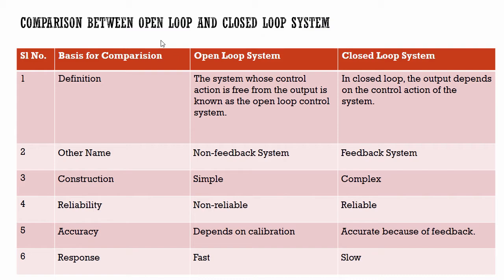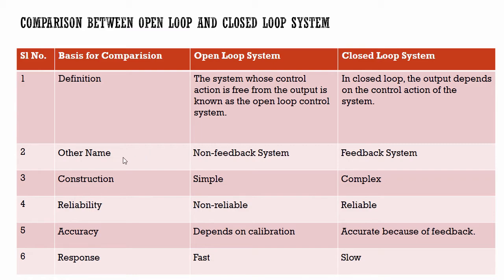So this is the comparison between open loop and closed loop systems. By definition, an open loop system is independent of the process that is happening, whereas in a closed loop system the output is dependent upon the control action by the process or the system.